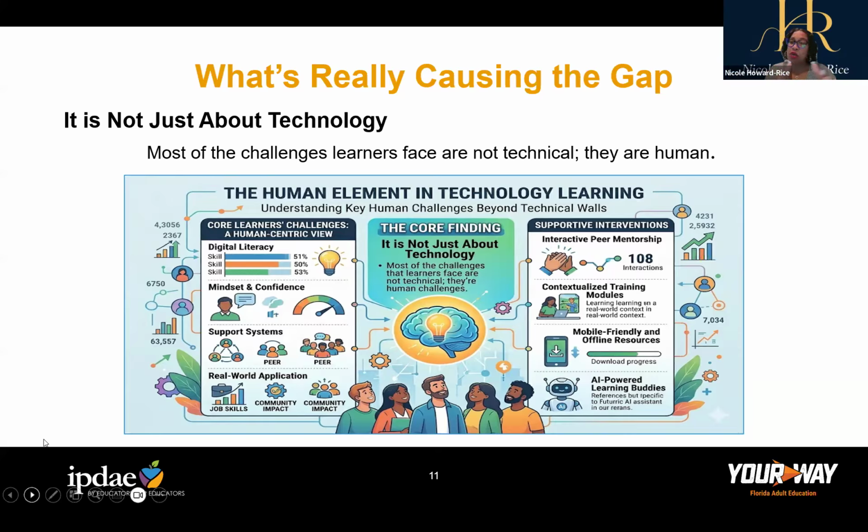The interactive peer mentorship that I suggested at the beginning of our session, with us sharing ideas with each other while we're even in this webinar, is going to be key. It's going to increase the learning, it's going to increase consistency, and it's going to totally impact learner confidence throughout this digital era. And then the contextualized training: everything that is shared with learners in the learning environments has to be practical.